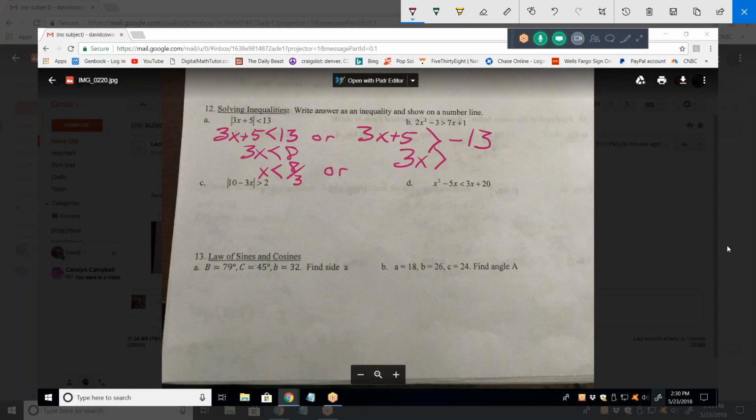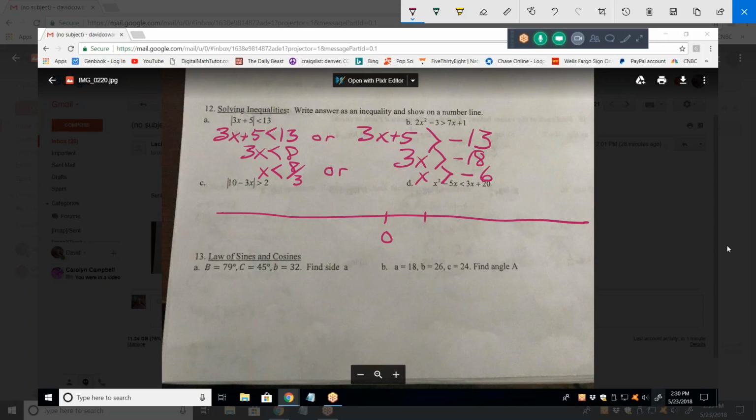3x is greater than minus 18, divided by 3. So x is greater than negative 6. Now it says show on the number line. So here's our number line.